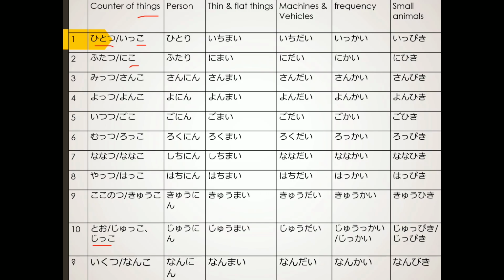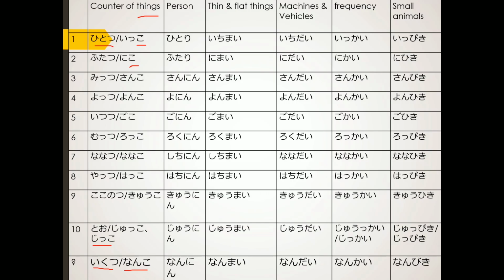When we read hitotsu, futatsu, the question is ikutsu, and ko, the question is nanko. Suppose there is a question nanko, you can also answer in hitotsu, futatsu. Even if the question is ikutsu, you can also answer in ko, because after 10 there is no counter of tsu. Suppose it is 11, ju ikko, 12, ju nikko, 13, ju sanko.